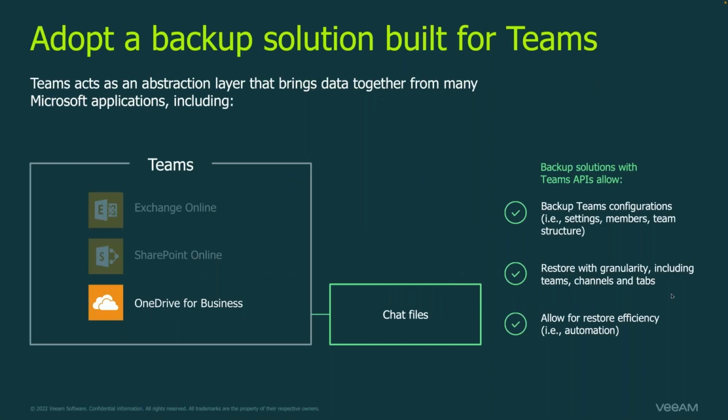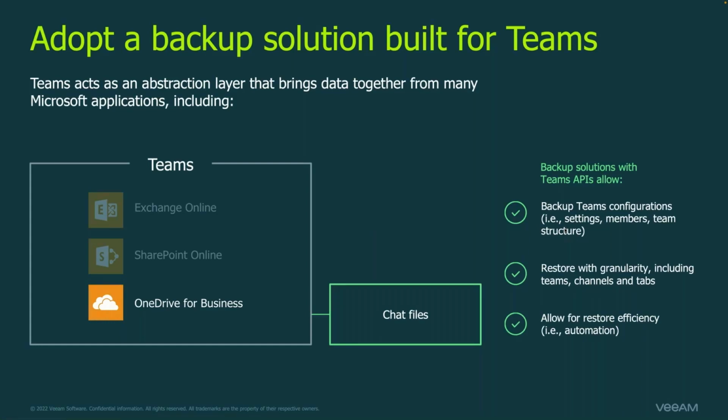So on top of those data, you want the capability to back up Teams configuration, settings, members, and team structure within the Teams channels. Once you back them up, those are the metadata.